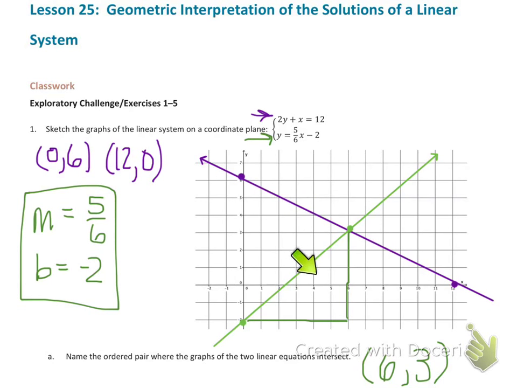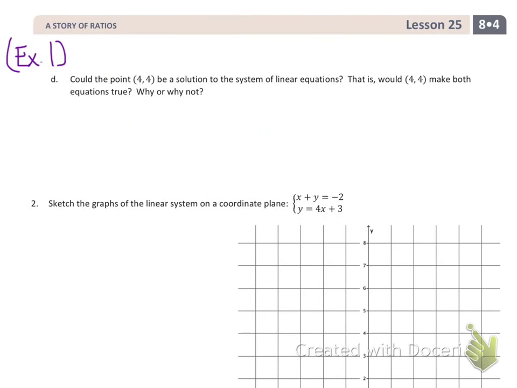The point is right here, and it appears to be a solution to the first equation, 2y plus x equals 12, but does not lie on our second line, y equals 5/6x minus 2. So we can check it, but we could say, no, it's not a solution to the system of equations.